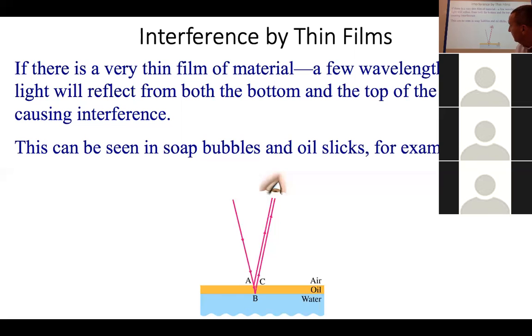So then you'd have different wavelengths refracting out of the oil, and you get different colors. That's why you get that rainbow effect. Same with soap bubbles. Depending on the angle of incidence, you get different colors.